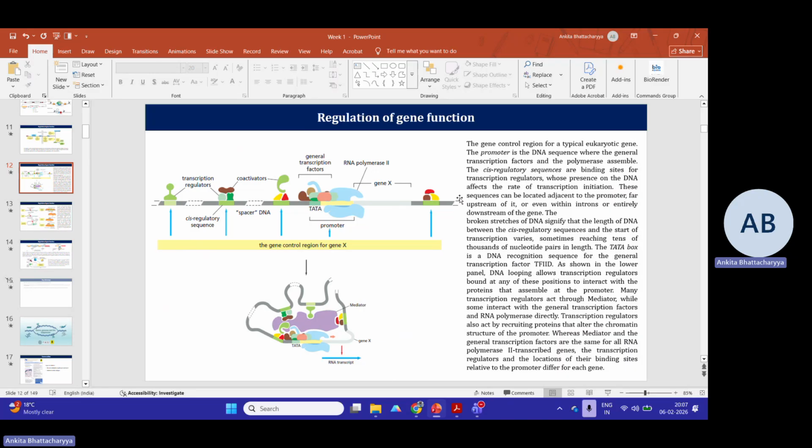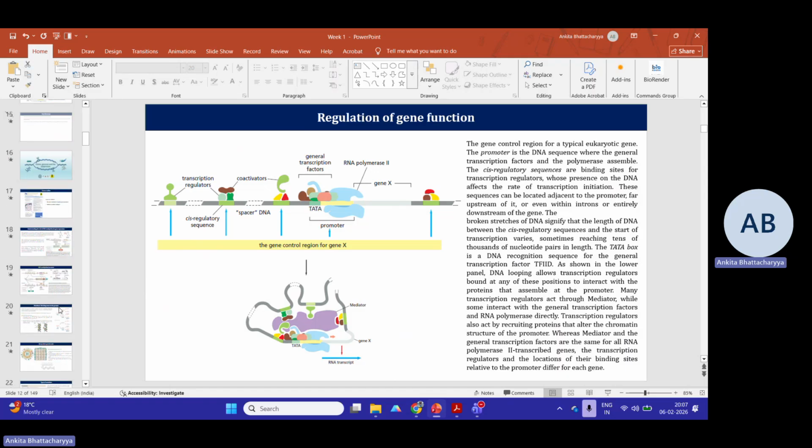Keep in mind, it's not always necessary that the binding of these elements is a positive, upregulatory, or amplification signal. Sometimes it can be a retardation, a silencing, or a repressive signal as well. That depends upon A, what type of element is able to bind, and B, what stimulus has come into the cell, which will dictate this response.